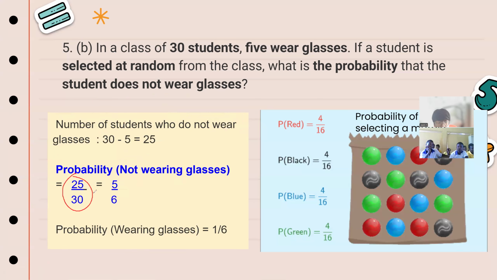We can simplify this into 5 over 6 by dividing by 5 on both sides. So 5 over 6 is the probability of a student not wearing glasses.